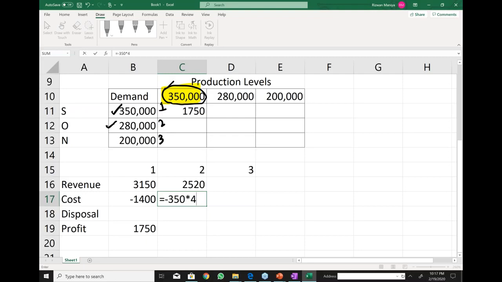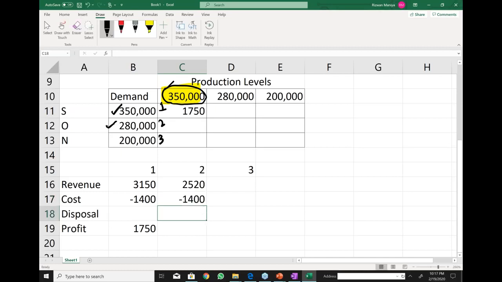You are taking a risk, and the risk is you are producing 350. You don't know what the demand will be. So I hope this is clear that the decision to produce will be taken first, and then you get to know what the demand will be. So your cost will be booked at 350.